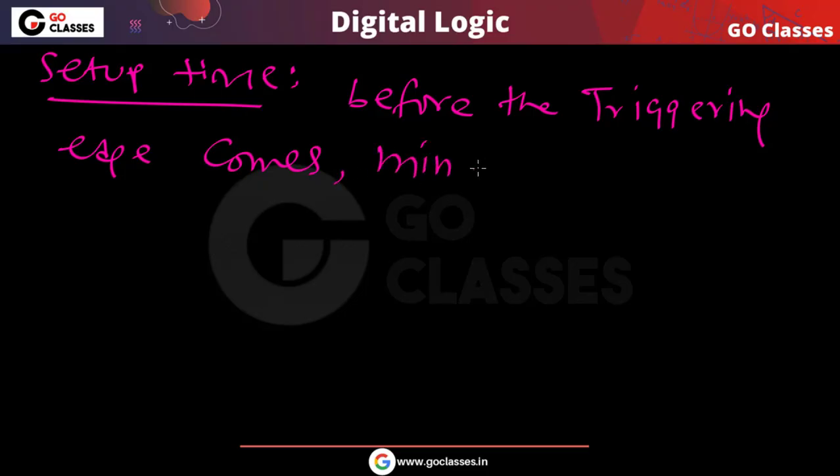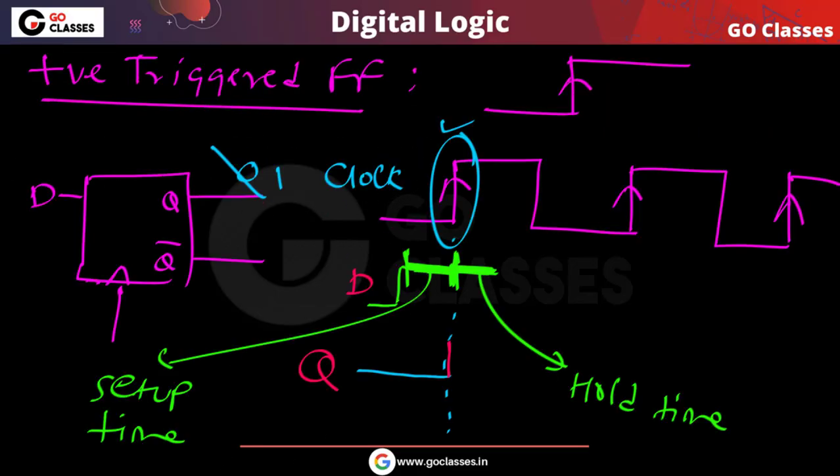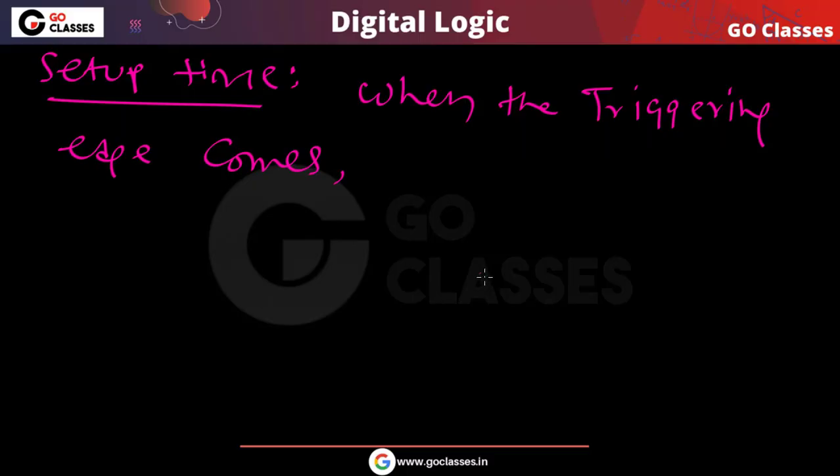when the triggering edge comes, then before that we need to keep this input steady. We need to apply this input some time before this triggering edge comes.